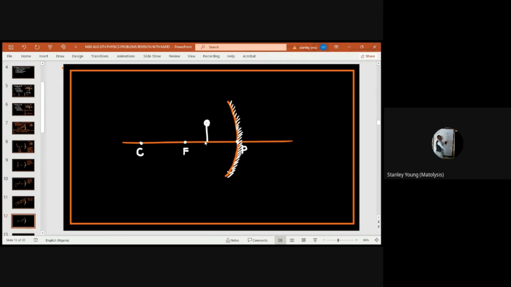Another case: when the object is positioned between the principal focus and the pole of the concave mirror, the image that is formed after drawing the ray diagram is always around here. For you to understand this, let me quickly draw the ray diagrams here.